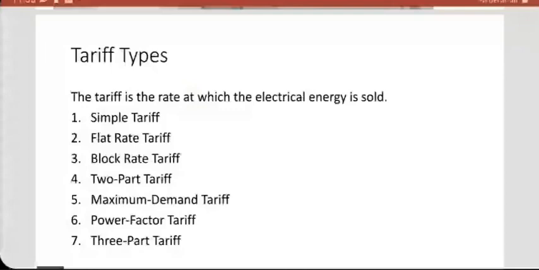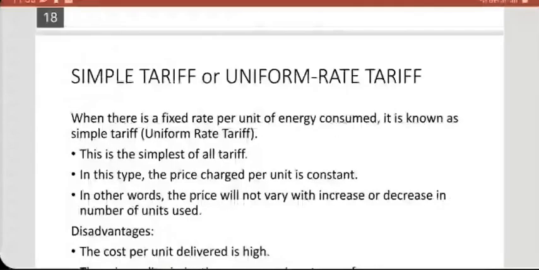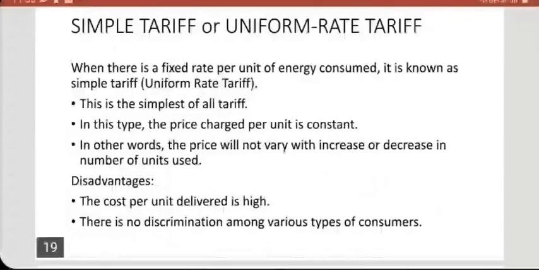No, simple I think means a monthly charge. I'll come to it in a minute. Just read the names first. Yeah. Simple means fixed rate per unit of energy consumed. Yeah. So that's uniform. Simplest one. Yes, I was right.